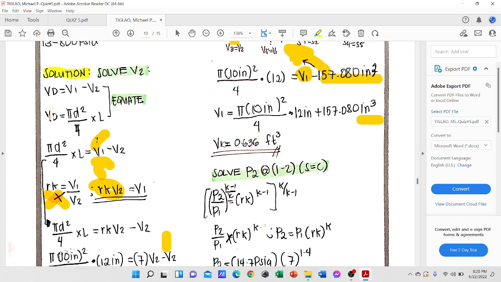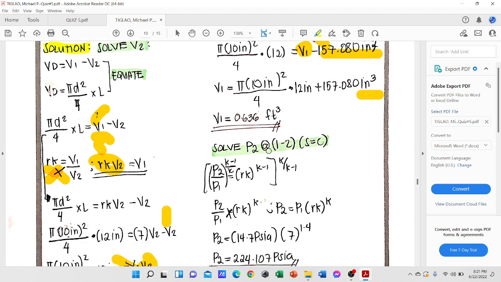Therefore, our volume 1 is equal to 0.636 cubic feet. Now I have volume 1 and volume 2.